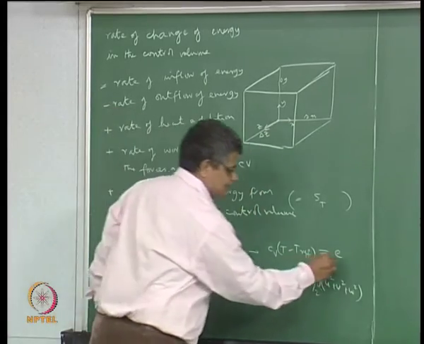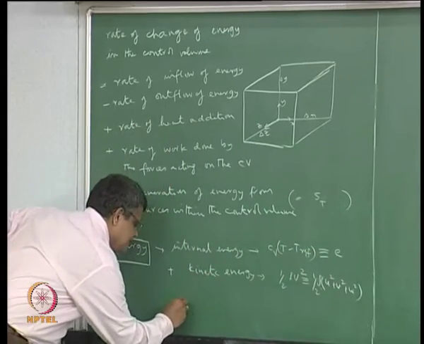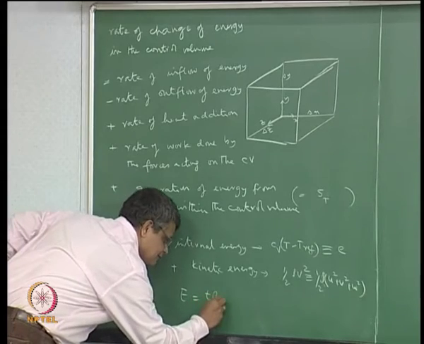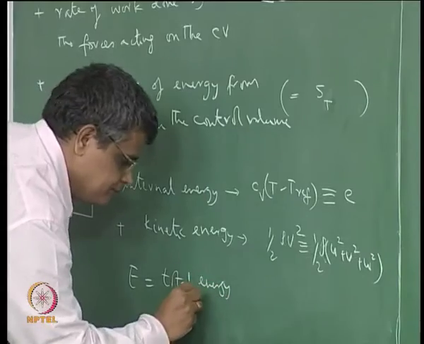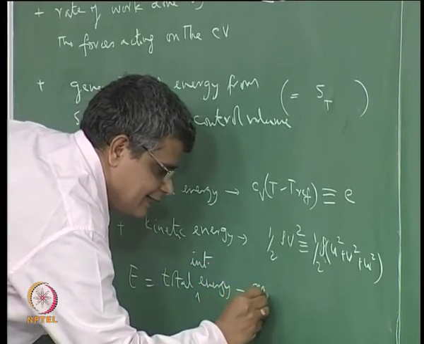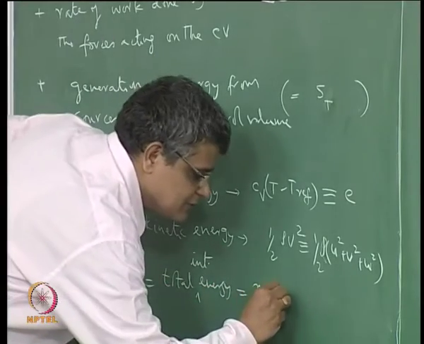Okay. So, small e is such that capital E, which is the total internal energy, is m times e, where m is the total mass which is contained within this.